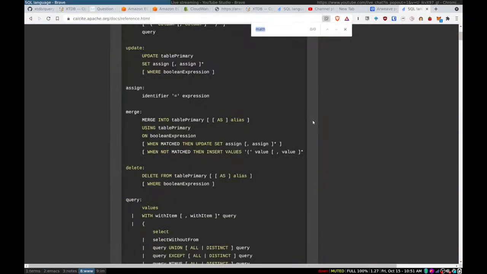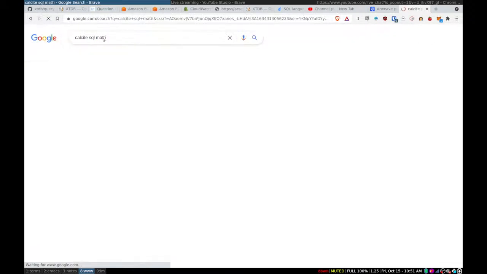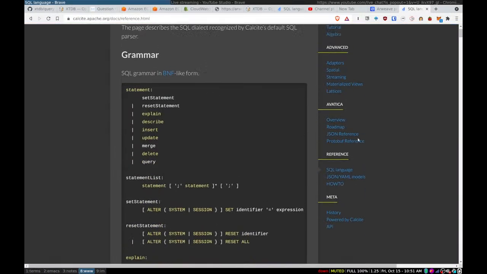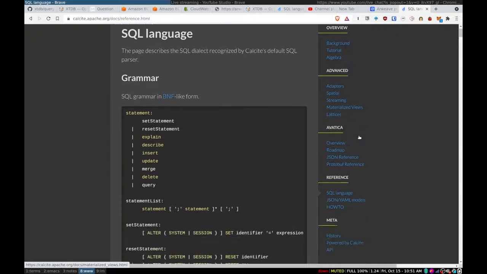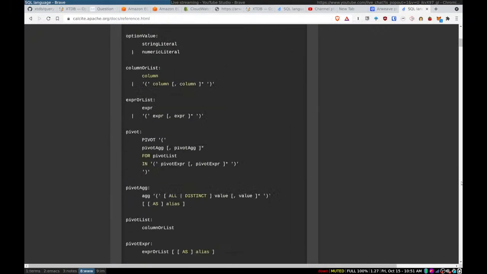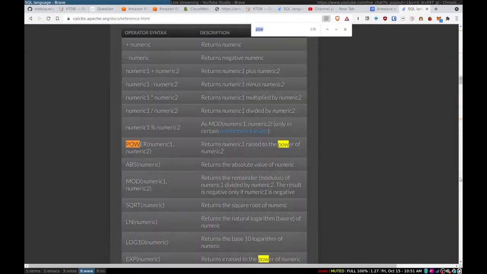Math, do we have math functions? Calcite math. Need to know power. Numeric. Raised. Yeah. Okay, so let's do that.